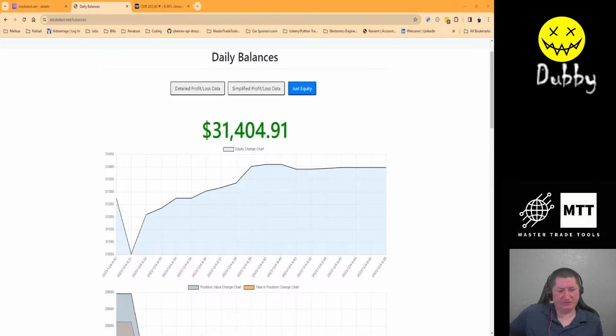Returns on it just weren't showing as high. Of course, swing trading is going to give you more of a profit in the long term.